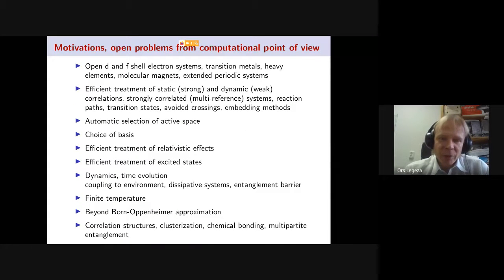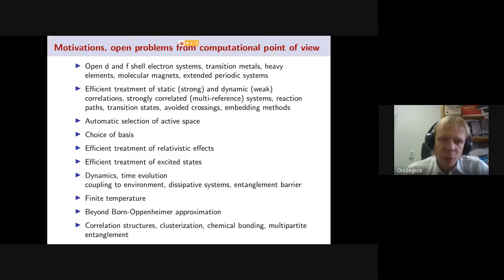So maybe a couple of words to spend on these open problems, because that's actually also the subtitle of the session. And we already had these discussions in the past days, but maybe just to refresh. So from the application point of view, we had already great talks yesterday. And so I would like to just focus on open questions or motivations from the point of view of the computational aspect.